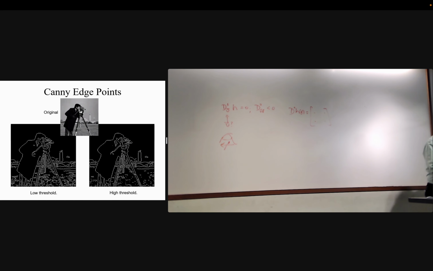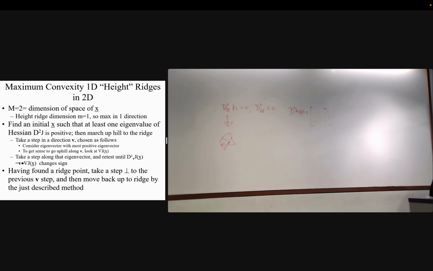Okay, so these are Canny edges for an image here, and you'll see that you have dark bars on a lighter background, dark code on a lighter background, but also a light piece of the camera on a darker background, and they all produce Canny edges, ridges.